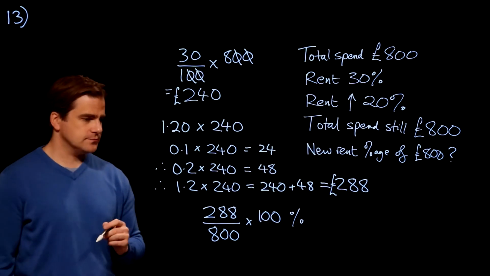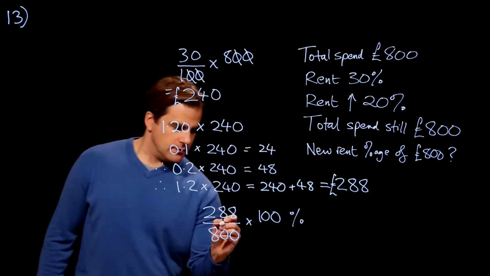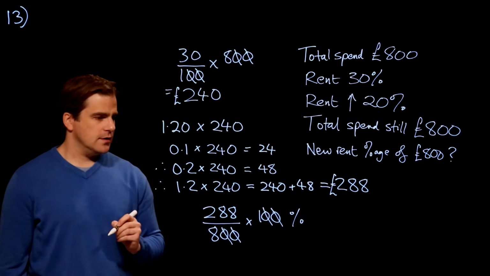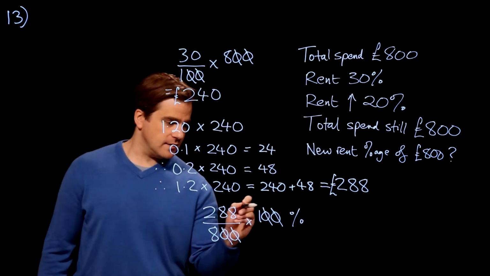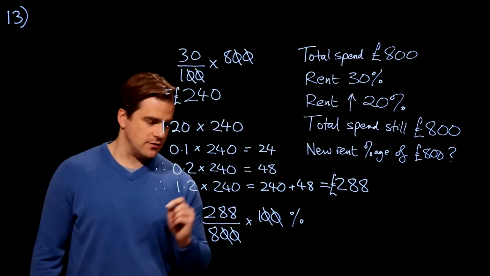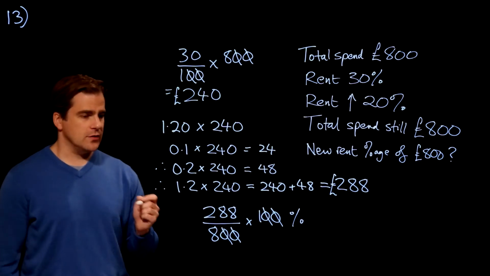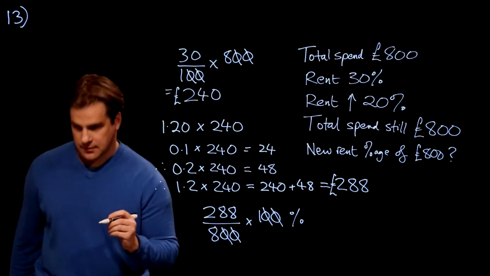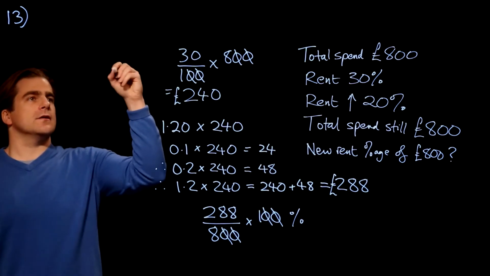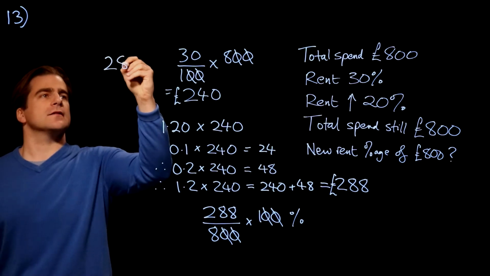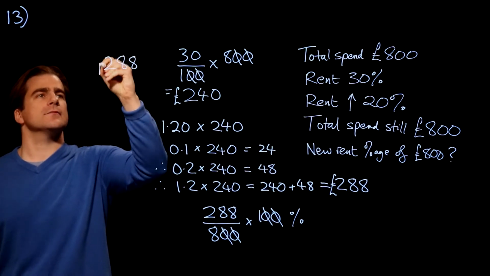So what's this? Well, let's cancel the zeros again. 2 on the bottom, 2 on the top. So that's 288 times 1 on top, which is 288, divided by 8. So 288 divided by 8. Let's try it like this the first time.